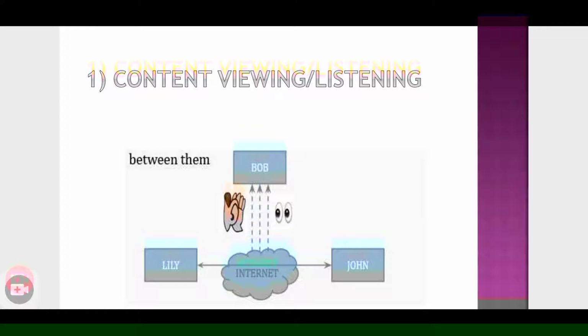What he is doing is listening to the content which is passed through the internet. That is the first passive attack, content viewing. Lily and John are connected through the internet and passing some information between them. But Bob is a third party user, listening to the content of the communication.